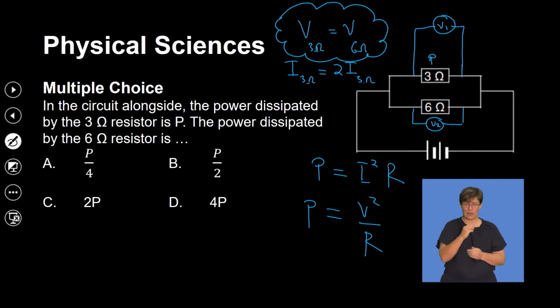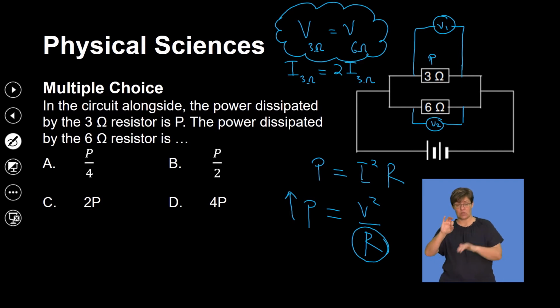So the one that has got the smallest resistance will have the greatest power for the same voltage. So if the 3 ohm resistor is P, it means for 6 ohms, it should be half that, because the proportion of these two resistors is 1:2. So the 6 ohm resistor will dissipate a power which is half.